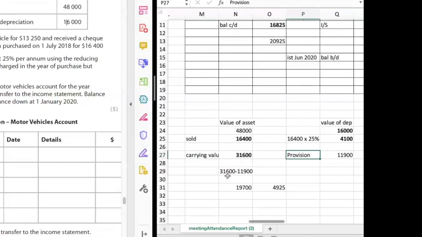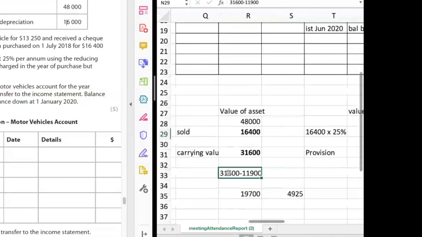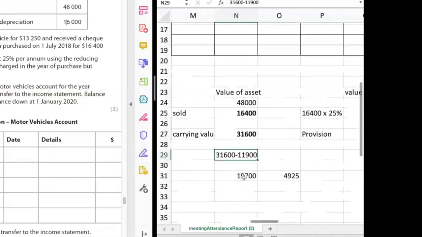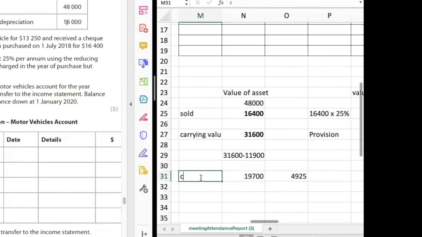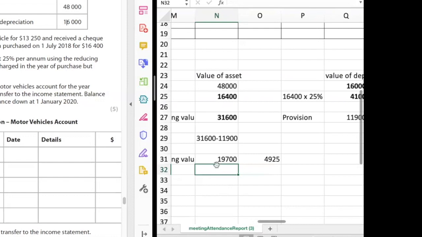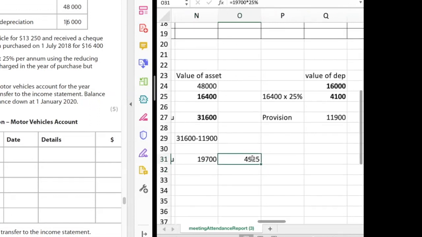So carrying value is 31,600 minus provision 11,900. This is the current value of the asset or carrying value of the asset. Now, on this carrying value, we will apply depreciation of 25% and we'll get 4,925.